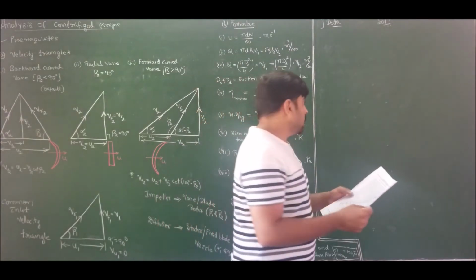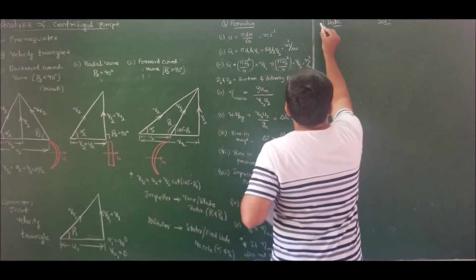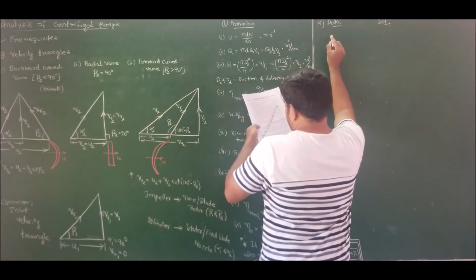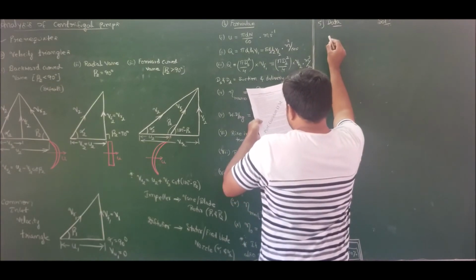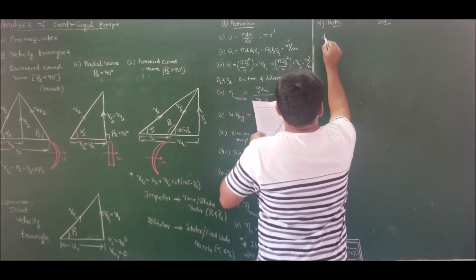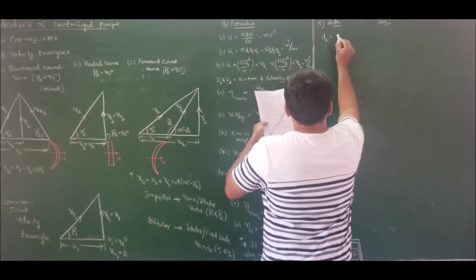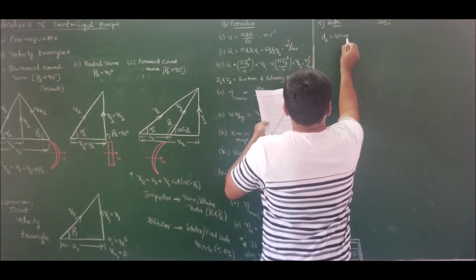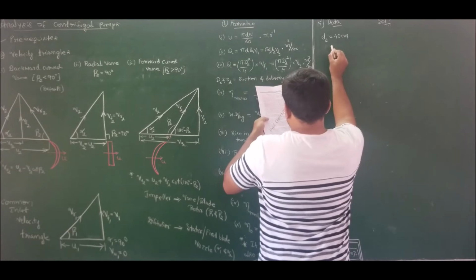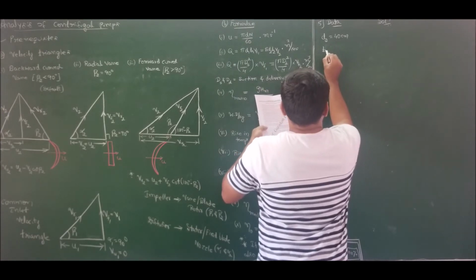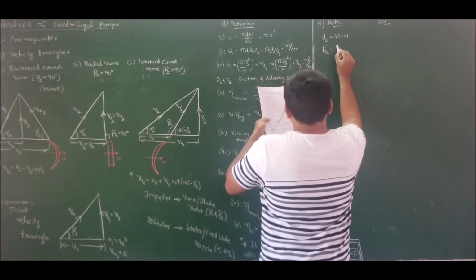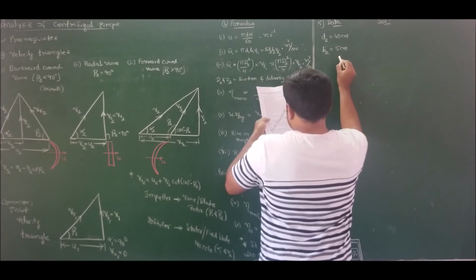If I list out the data given for problem number 5, we have the outer diameter of impeller of a centrifugal pump, that is D2, is 40 centimeters and width of impeller at outlet B2 is 5 centimeters.